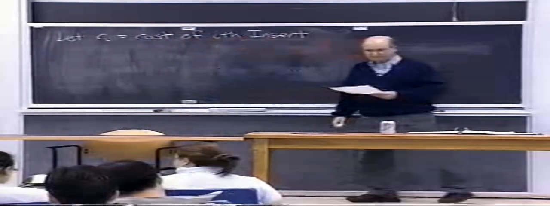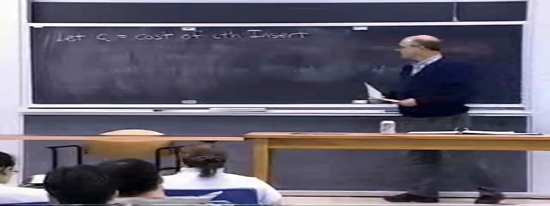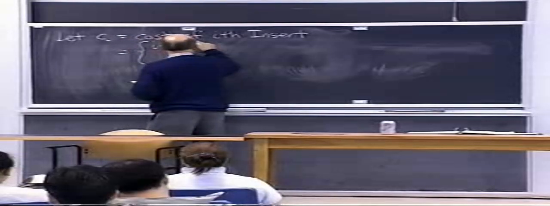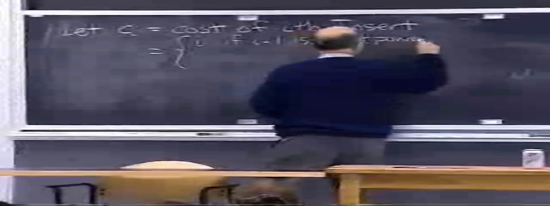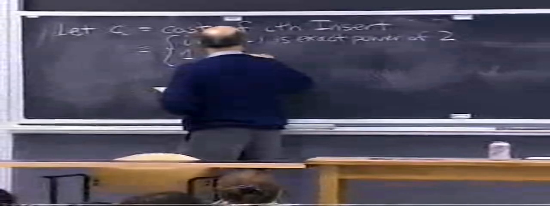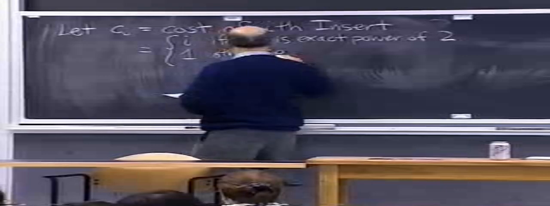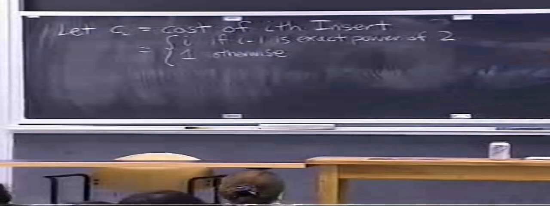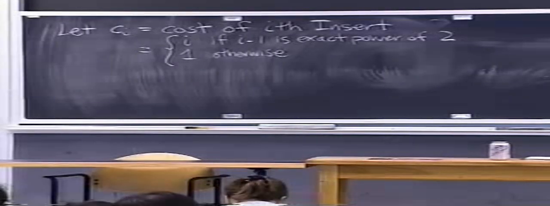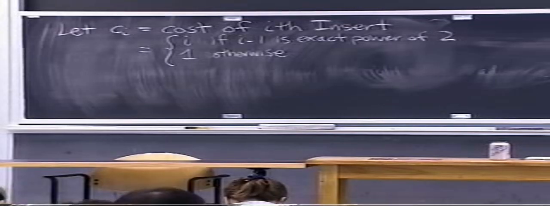I claim that's equal to i if i minus 1 is an exact power of 2, and 1 otherwise. Here I'm throwing away whatever constants are involved, and calling the cost of a constant amount of work 1.